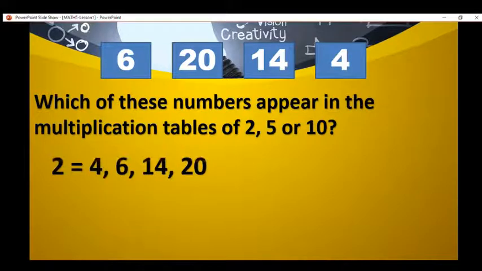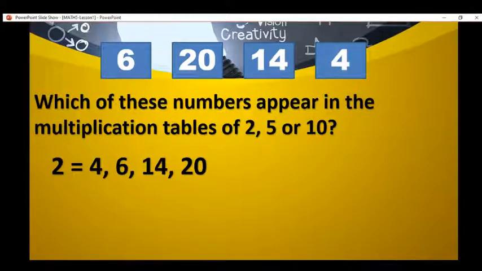Okay, so for 2, we can say that 4, 6, 14, 20, these four numbers, will appear in the multiplication table of 2.